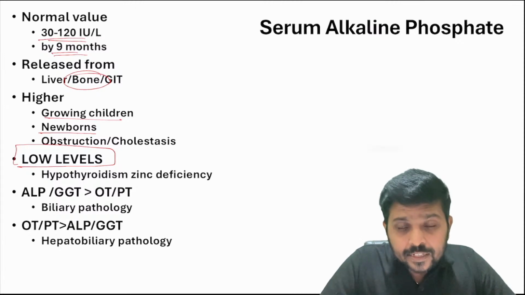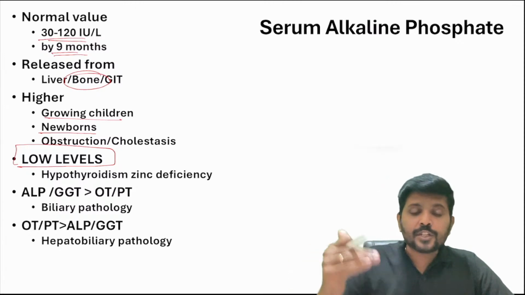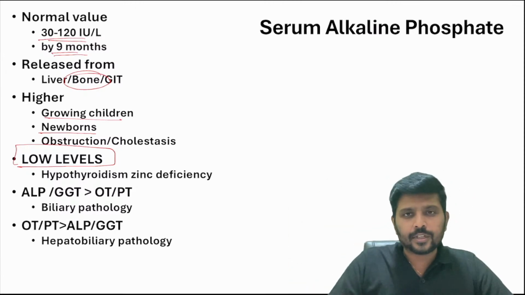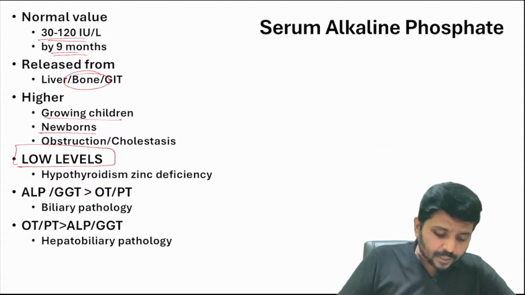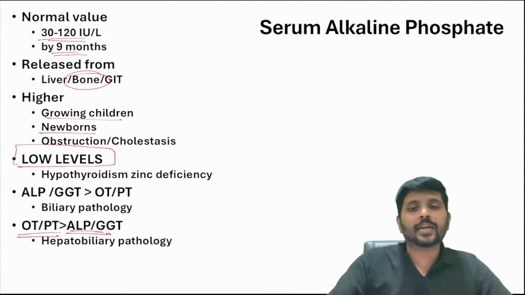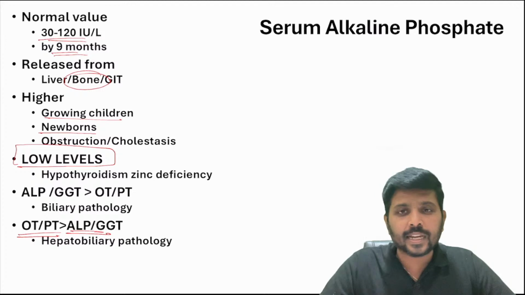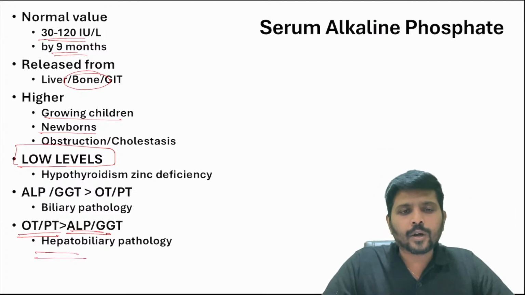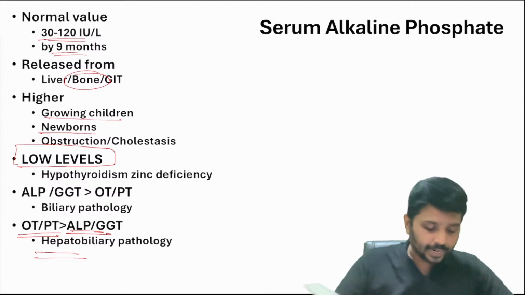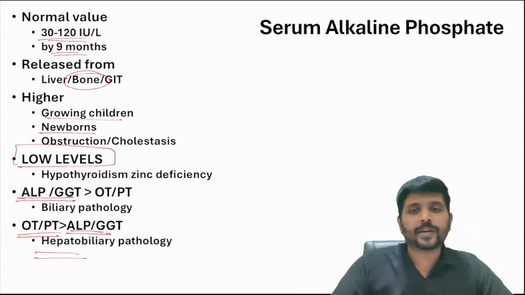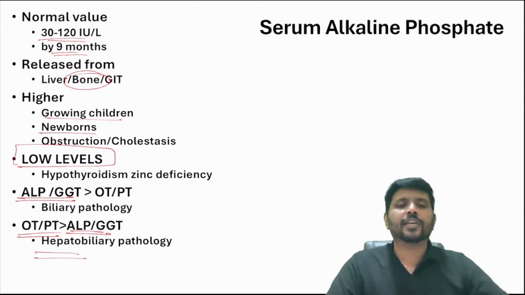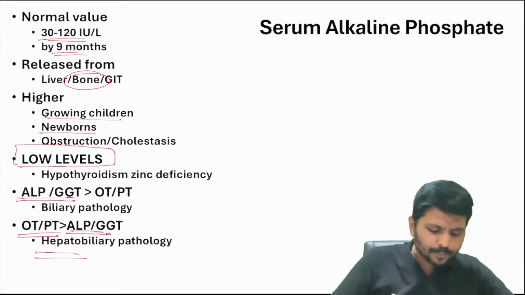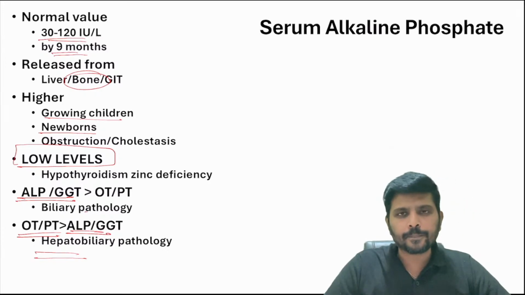When everything is increased, just compare which one is very much increased. When your OT and PT are very much increased compared to your alkaline phosphatase and GGT, it indicates hepatocellular pathology. Whereas when your alkaline phosphatase and GGT are more elevated compared to OT and PT, it indicates pure bile duct pathology.